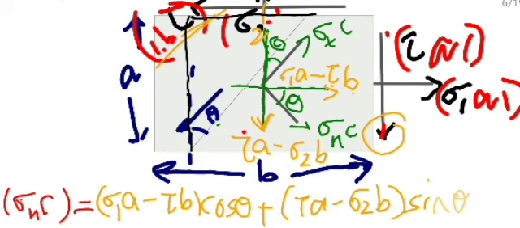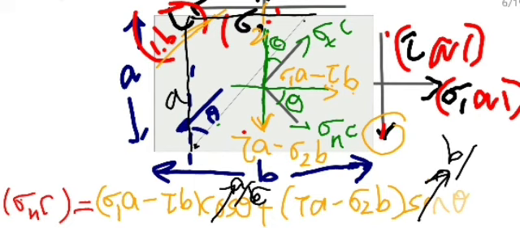Now this cos theta is nothing but, see, this side is a, and the hypotenuse length is c. So cos theta can be replaced by a by c, and sin theta can be replaced as the opposite side is b, b by the inclined length c.